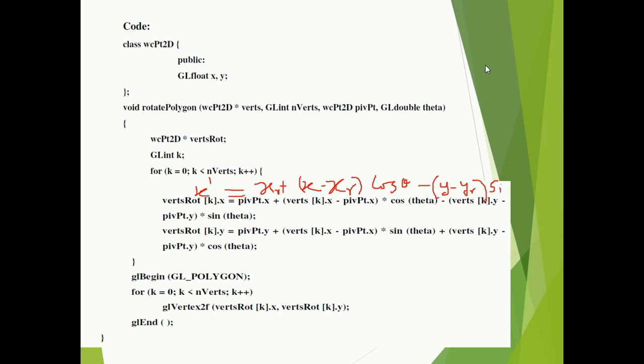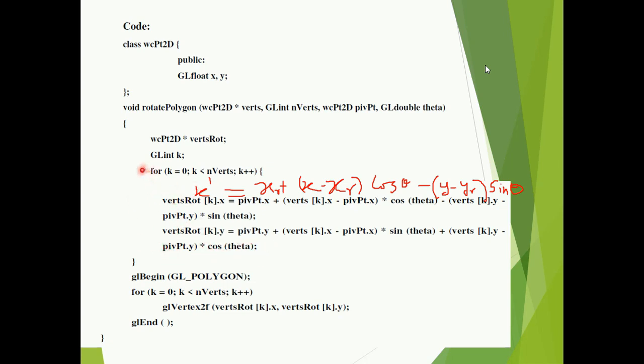So this is your formula, and the same formula we are going to write in terms of code. The next formula is y dash is equal to yr plus (x minus xr) sin theta plus (y minus yr) cos theta. So the same formula we are going to write in this manner.